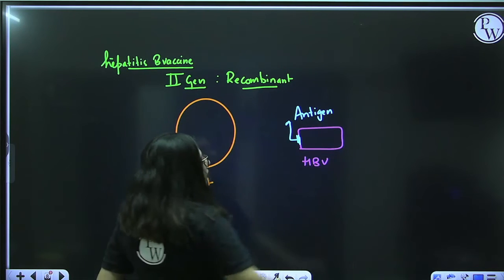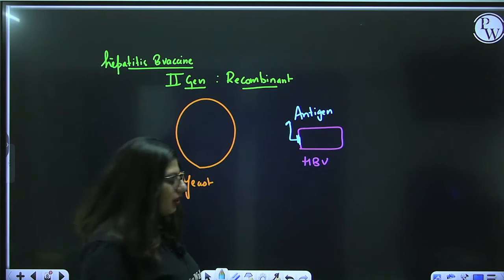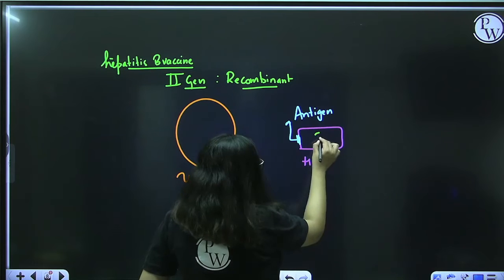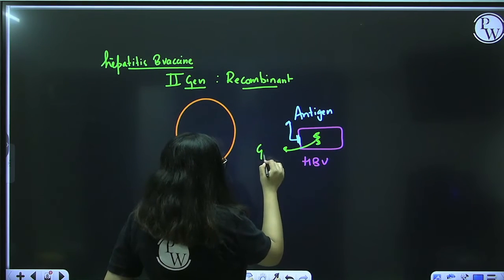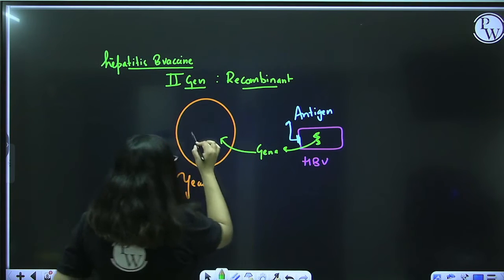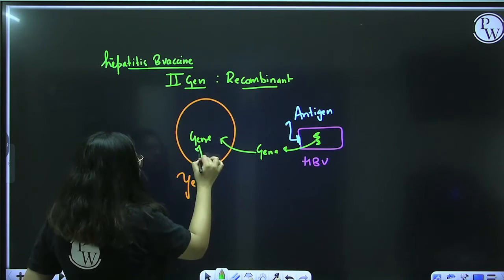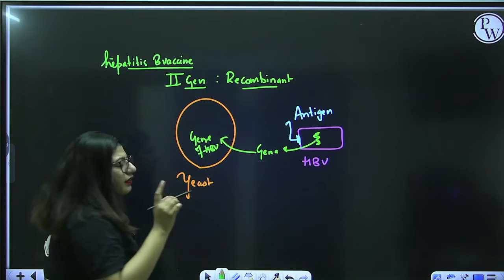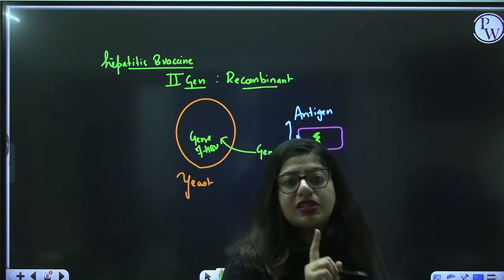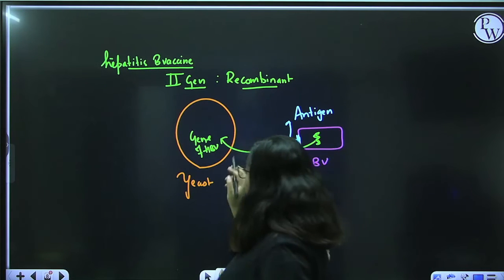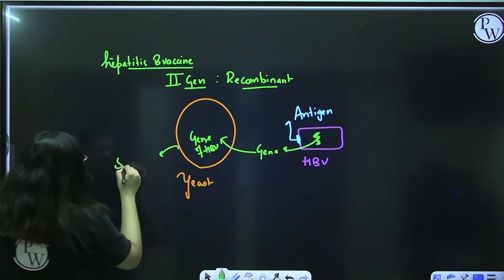This portion of the virus, which is acting as an antigen, is produced by genes. Now I take the gene out and put it in the yeast. It is the gene of the hepatitis virus that produces antigen, not any other gene, only that gene that produces the antigen. Now put it in the yeast and it will secrete antigen.